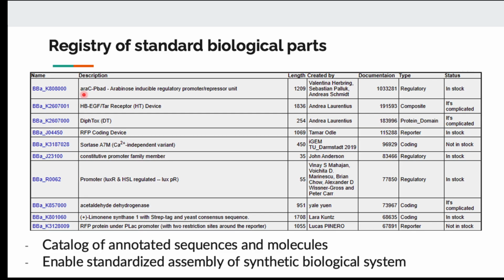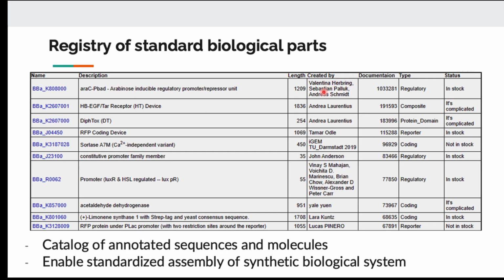If you go to the registry of standard biological parts website, they will have for you this kind of catalog with the ID for the parts and some description. This is an arabinose inducible regulatory promoter. So it's a promoter that you can just copy the DNA sequence and then you can use. And it's connected to the arabinose gene.